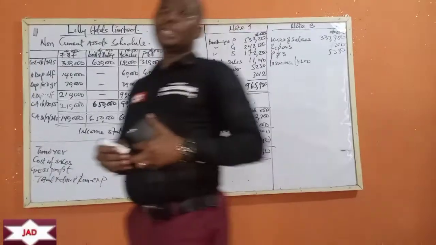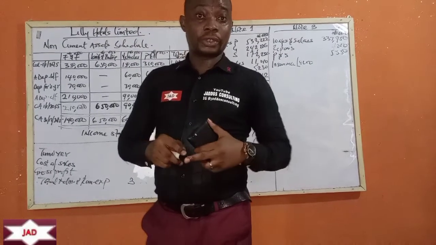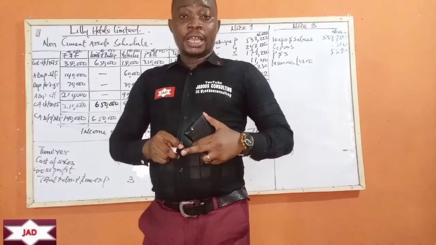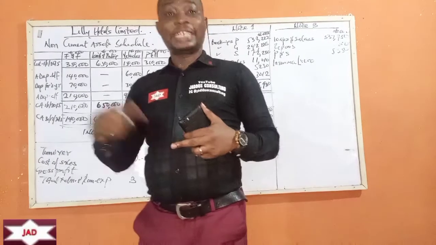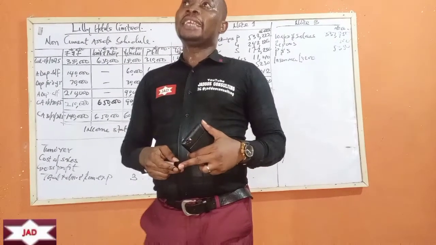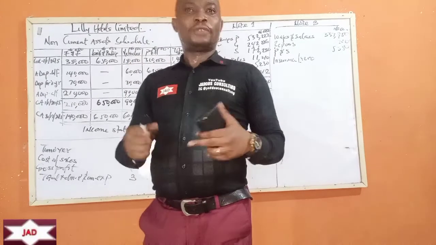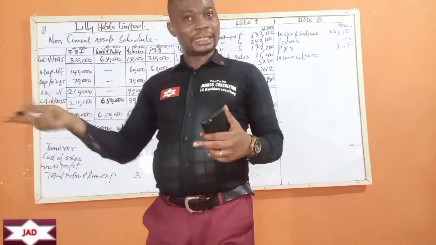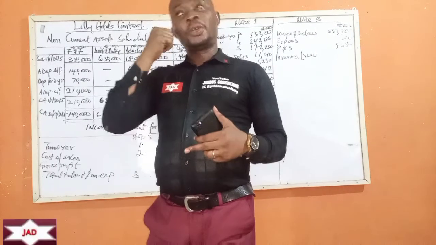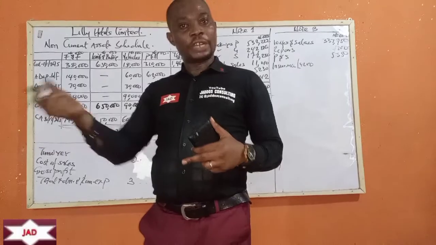Remember your prepaid expenses. I've taught you prepayment. If you don't understand what prepayments are, you can go to charlesconsult.com to take your class on prepayment. Prepayments are in form of expenses or income. Prepaid expenses are expenses that we are yet to incur, but we have made payment in advance. But prepaid income means that you have not earned the money, but you are receiving it.